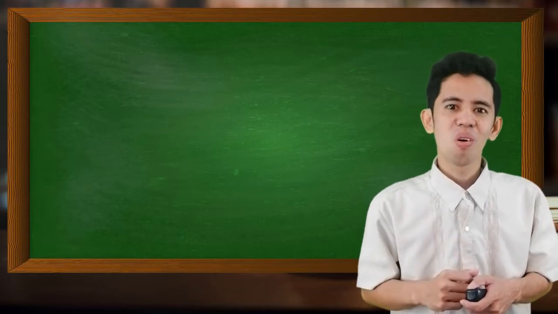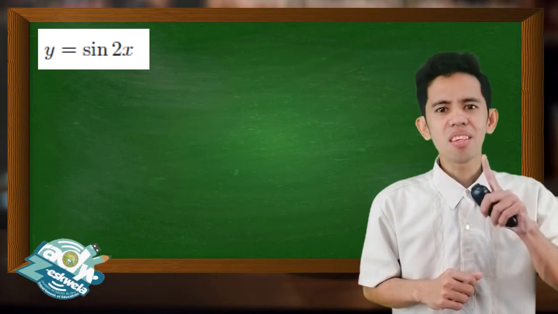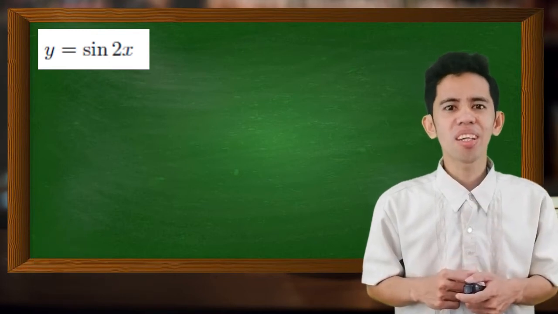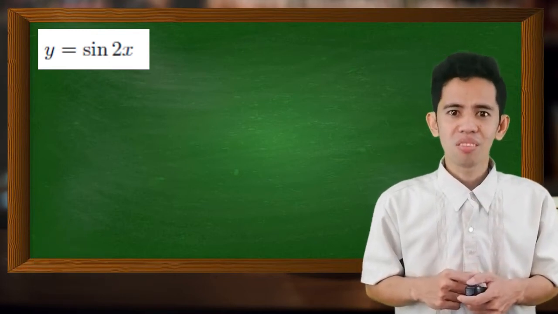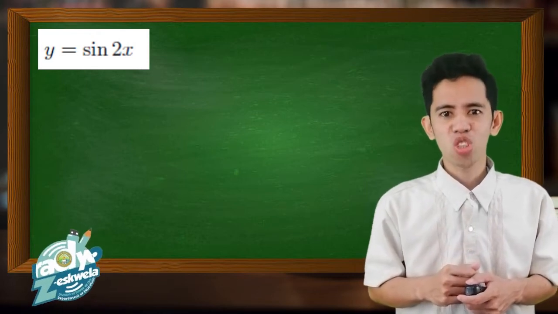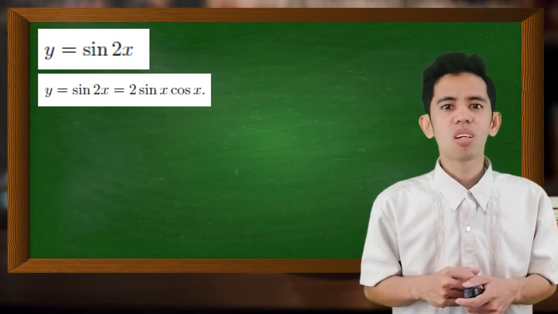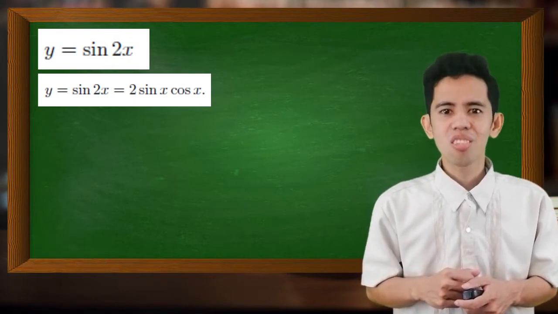How about y is equal to sine 2x? In this case, we need to find the conversion of sine 2x using the double trigonometric function formula. Sine 2x is equal to 2 sine x cos x.